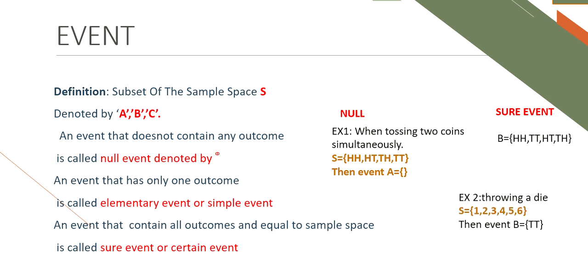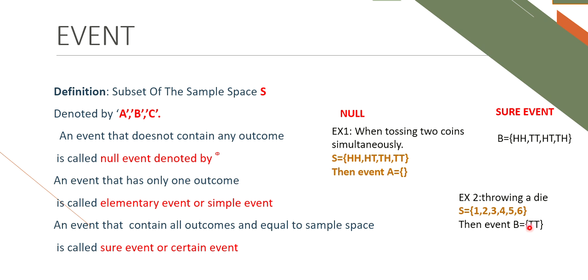So another example, throwing a die. B is equal to TT, throwing a die. So B is TT, I have written. If you take the sample space, then what kind of event is that, which has only one occurrence?